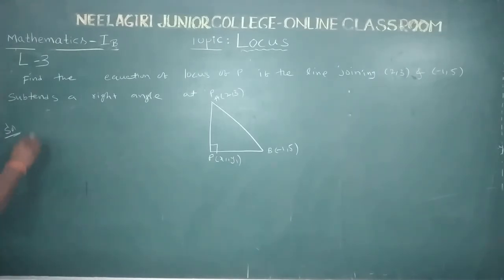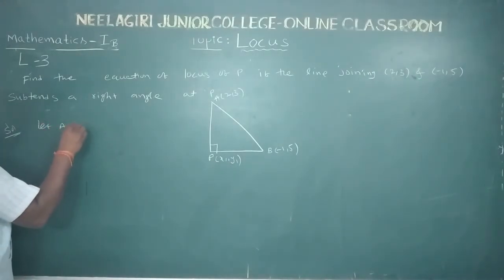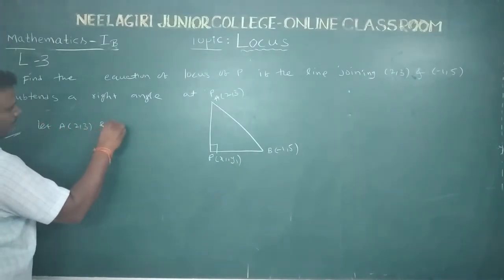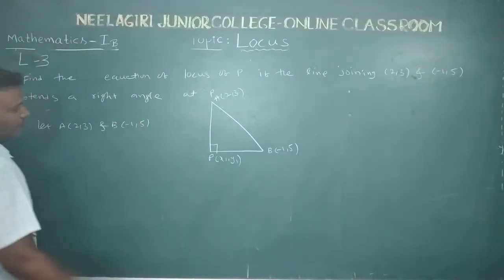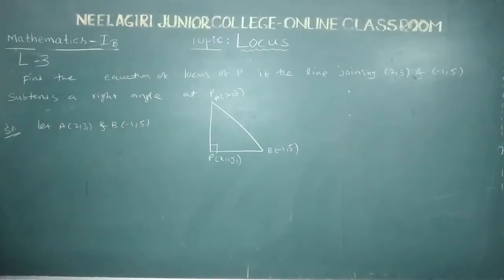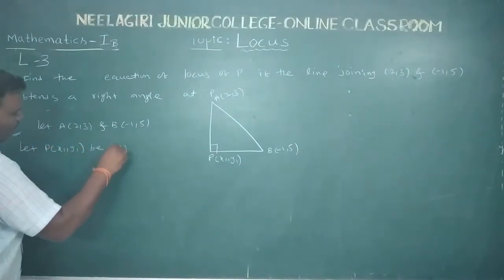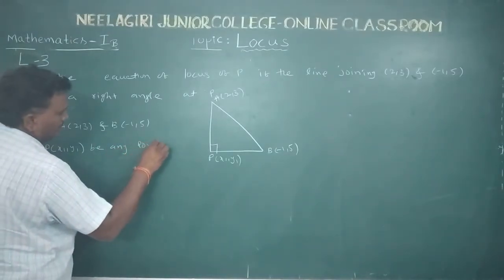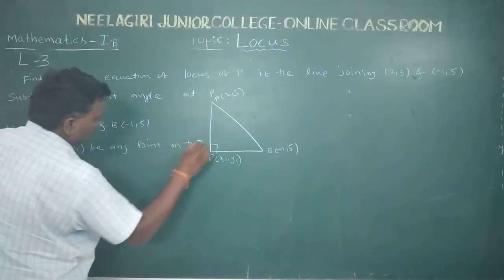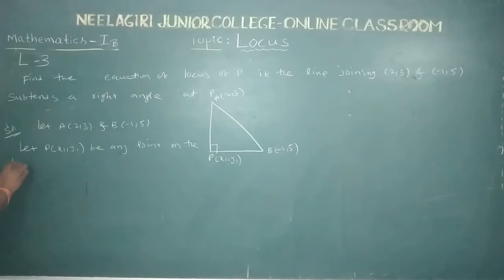First write: let A(2,3) and B(minus 1,5). Let P(x1,y1) be any point on the locus. By the condition, side square plus side square is equal to hypotenuse square.